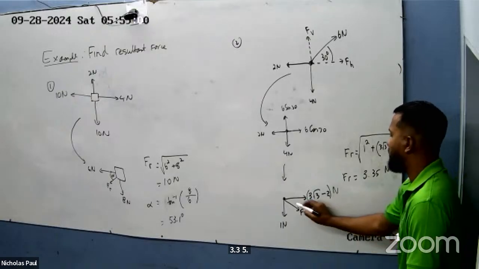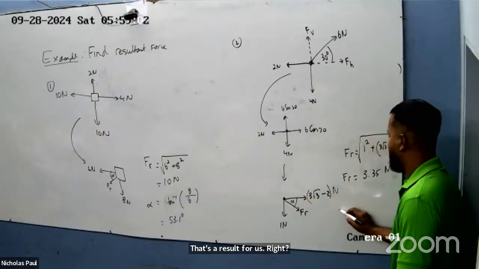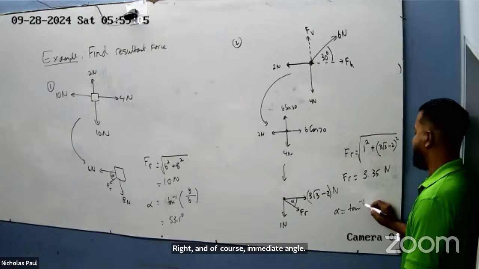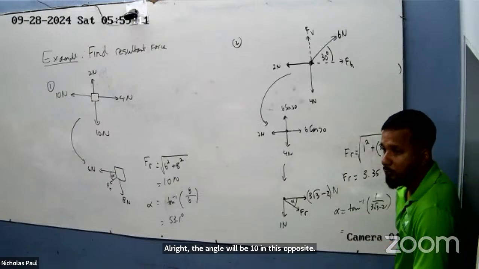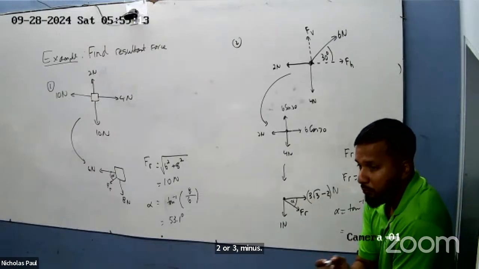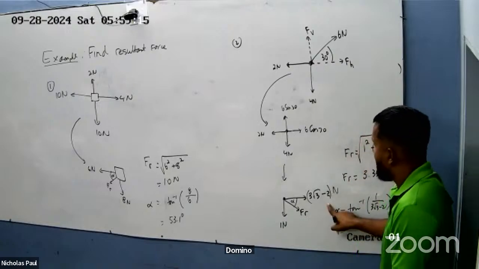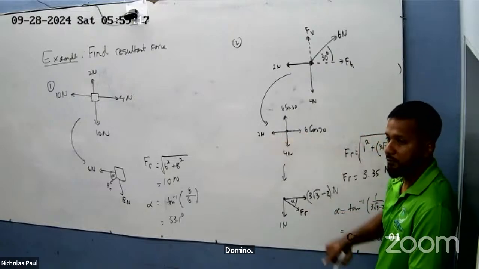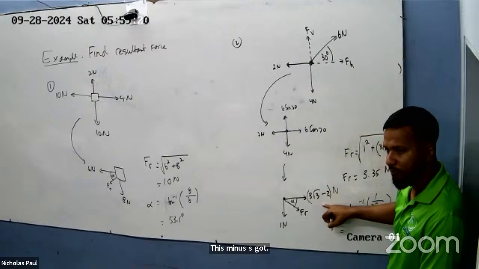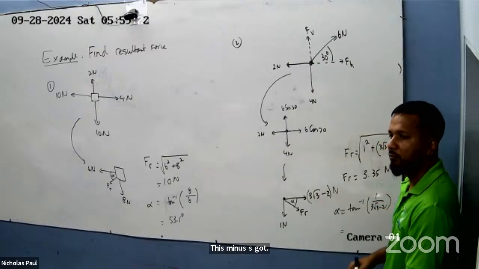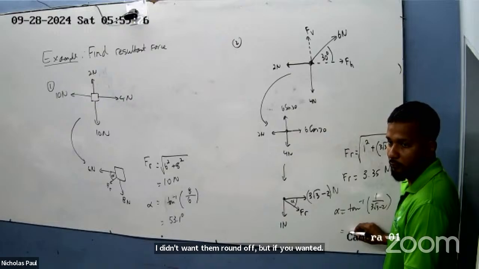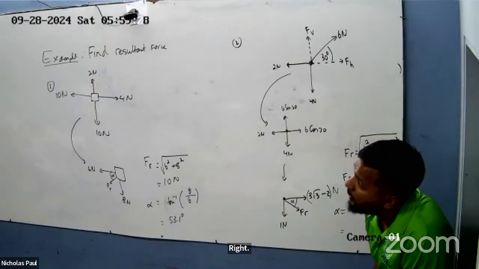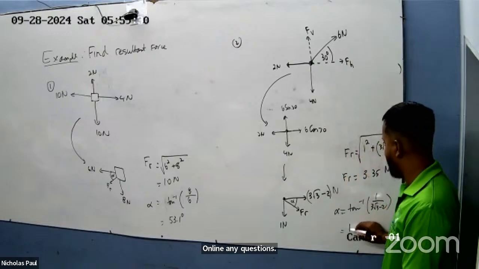Right? And of course, you need your angle. Your angle will be tan inverse opposite over 3 root 3 minus 2. This minus this. I didn't want to round off now, but if you want to round off, you can. Online, any questions? Katrina got 17.5.